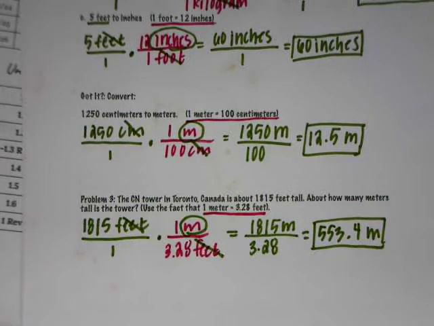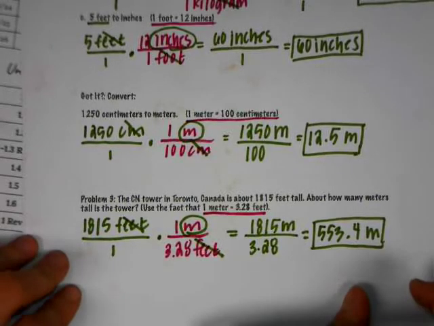Okay, the next one is weirdly tricky. It shouldn't be tricky, but for some reason it is just because of what the units are. You're going from American dollars to euros. Go ahead and try that one, and then we'll go over it.